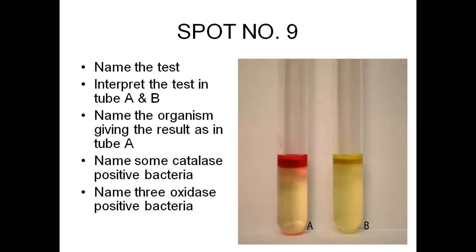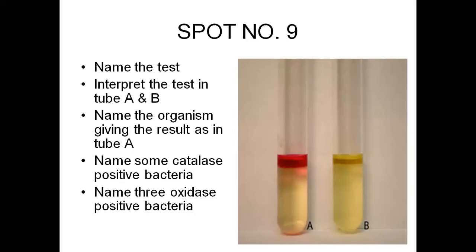surface of this liquid. The next day, after incubation, you are going to put a reagent which is called Kovacs reagent. That Kovacs reagent is going to react with the byproducts produced after the breakdown of tyrosine.